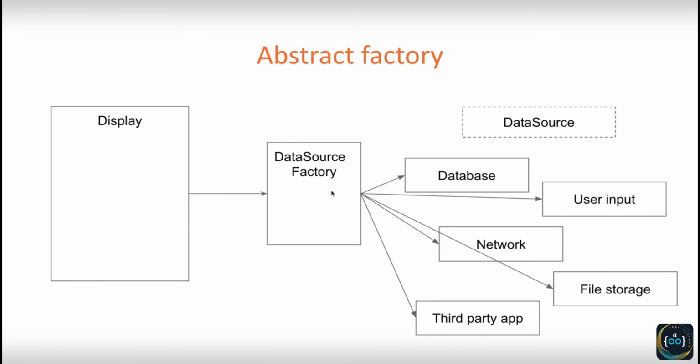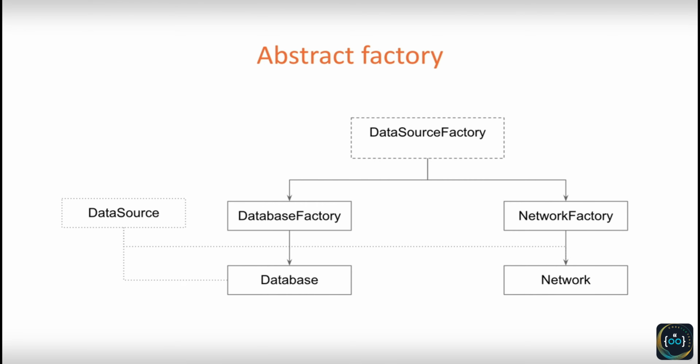So the data source factory instantiates the actual factory that we're going to use, which in turn will allow us to access the resource. This is how it works. We have a data source factory here. We instantiate the particular database factory, network factory, or whatever we will need. And then that in turn will implement the data source.